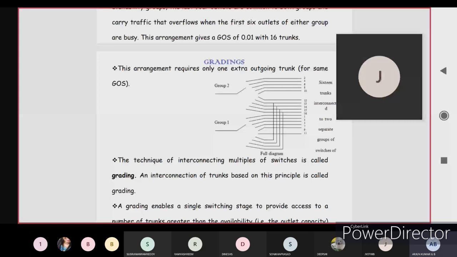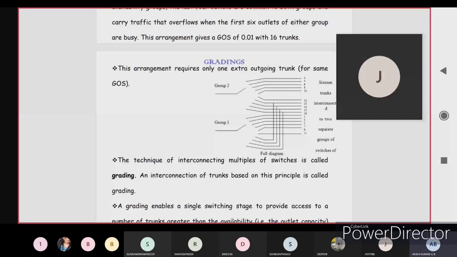Out of the number of trunks N, minus K, we will get the singles, and similarly the commons will be 2K minus N. By using these equations, we can easily calculate S is equal to N minus K, and C is equal to 2K minus N, for this particular two group grading.